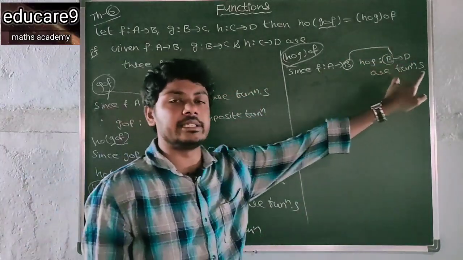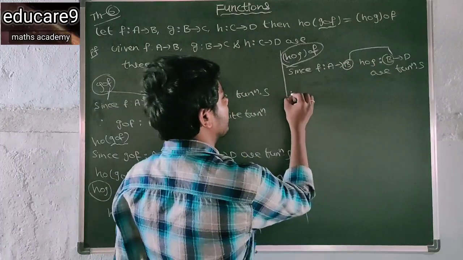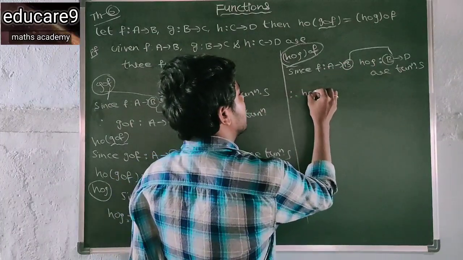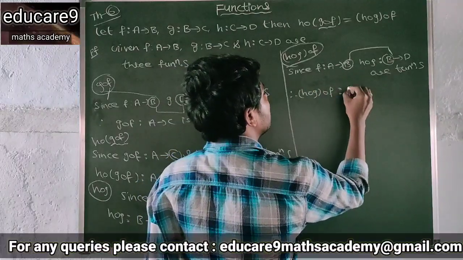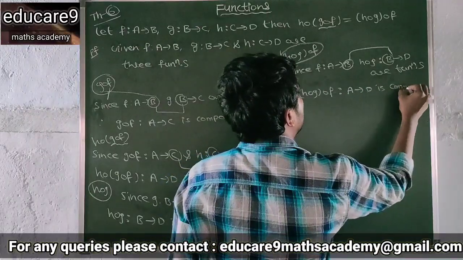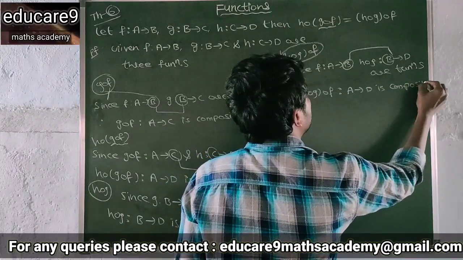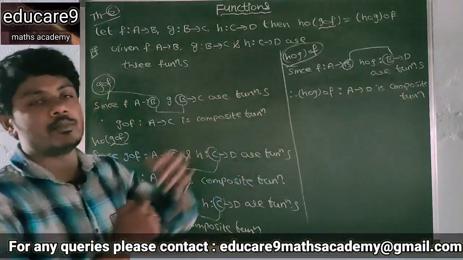The composite function exists and that mapping is A to D. So therefore H circle G circle F mapping is A to D is a composite function. So these are the right side mappings.